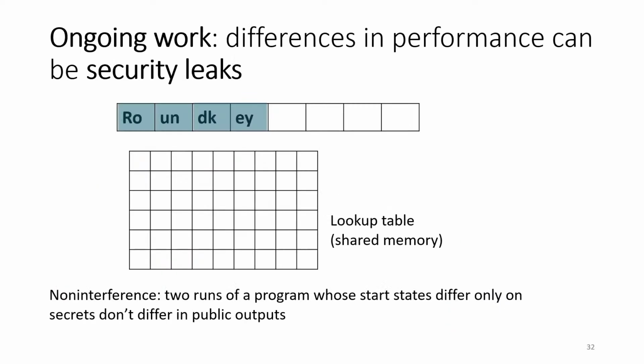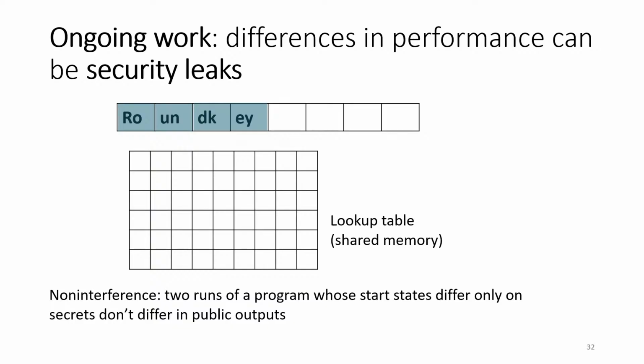So as an example, let's use AES encryption. One part of the AES algorithm is performing transformations on a round key. The round key is private. And this is often implemented by looking up bytes of the round key in a table to perform some transformation on them.